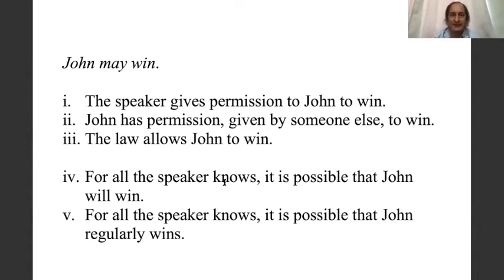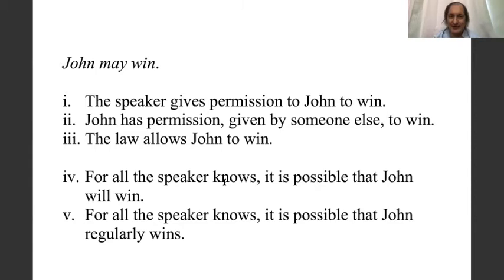That would be something that the law allows him to do, and that would be "may" being used to express what the law permits. I'm using just one sentence to keep the formalism and formal analysis a lot easier in the end. And you can actually set up a law that makes it possible for John to win. It's not an impossible thing. It's just not a very natural thing to do.